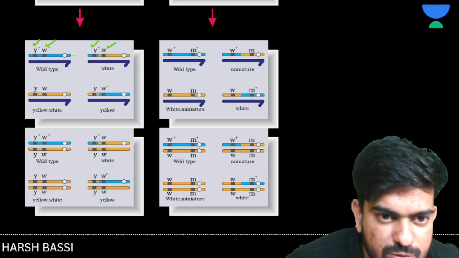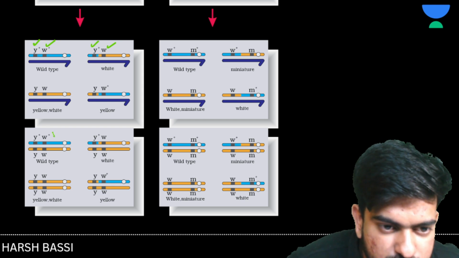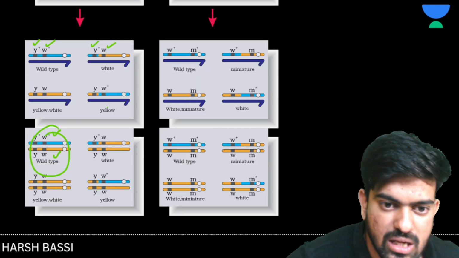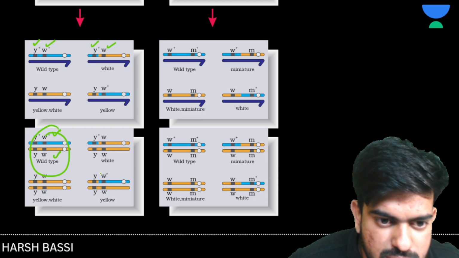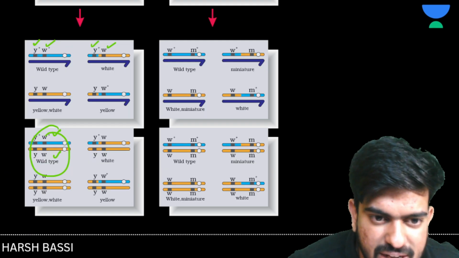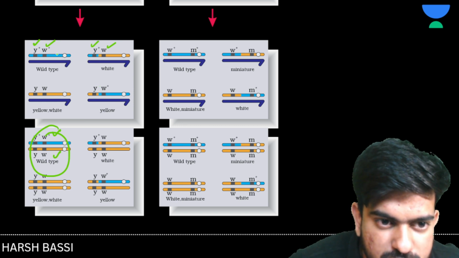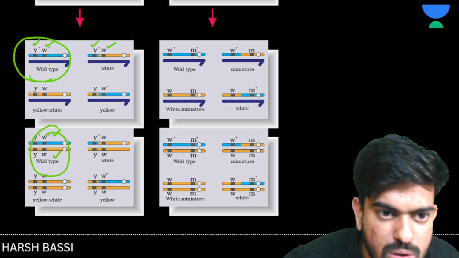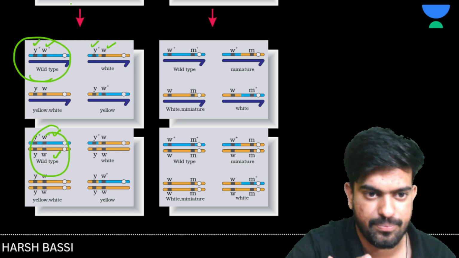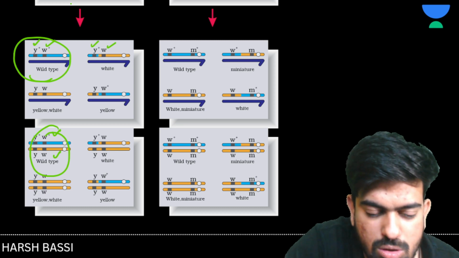We have got this, right? Then we have X y plus w plus and y, yes or no? So in this manner, the whole cross is made.